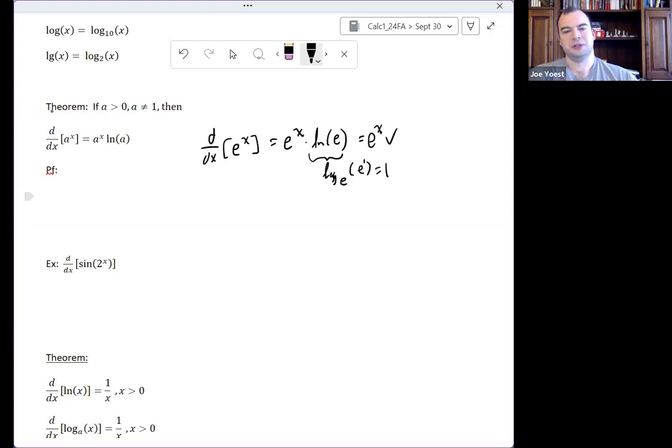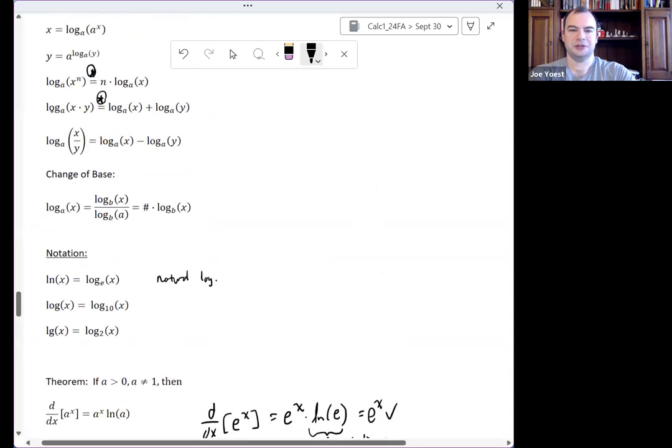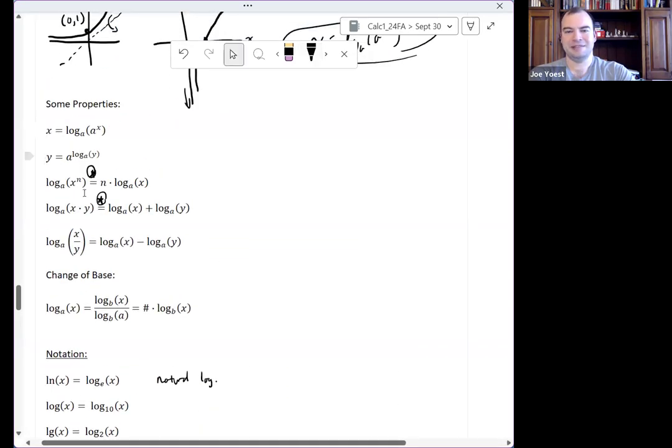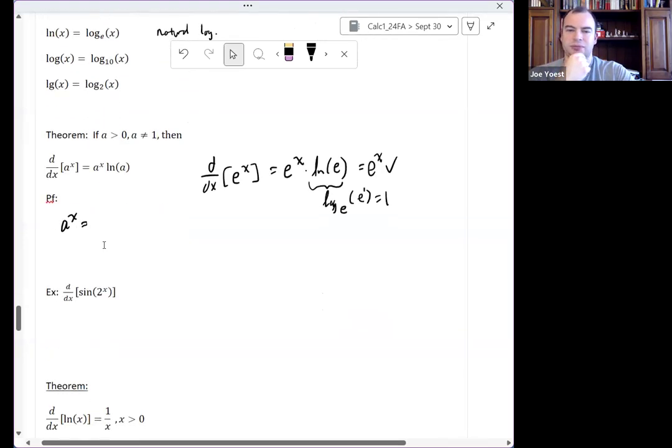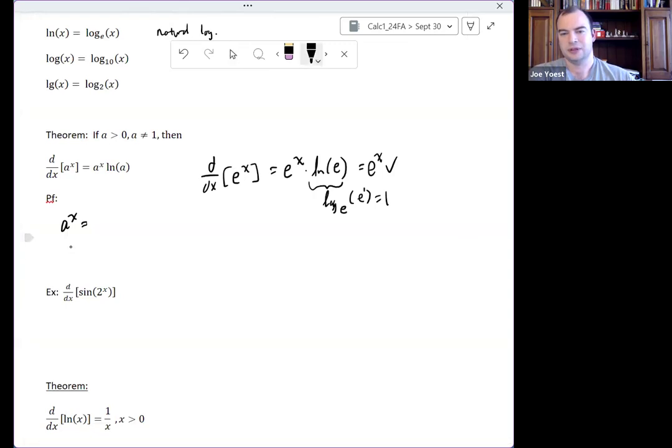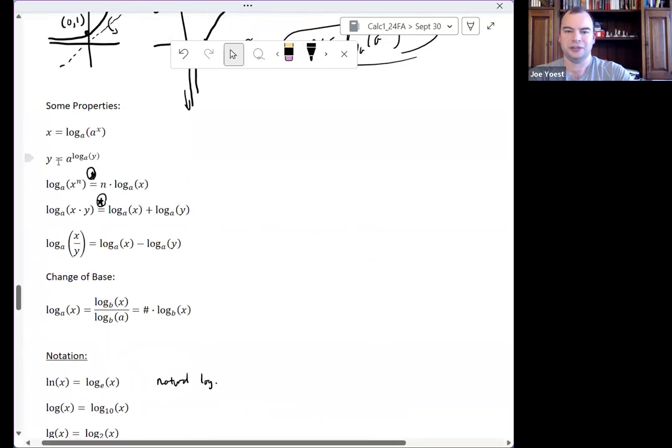So what is the proof of this? Well, what is a to the x? Where did I? Here. What is a? This is e to the natural log of a.